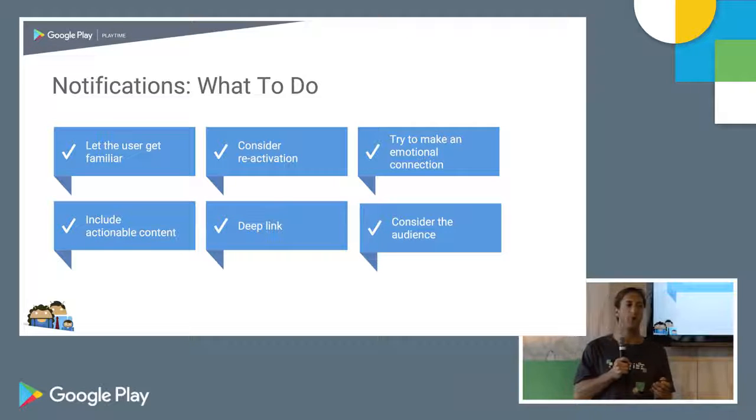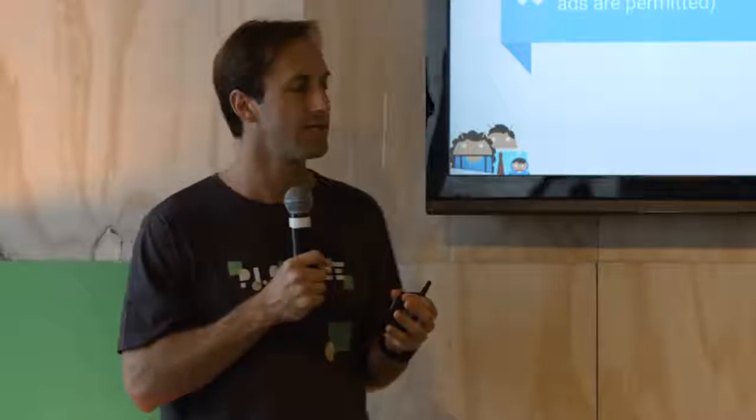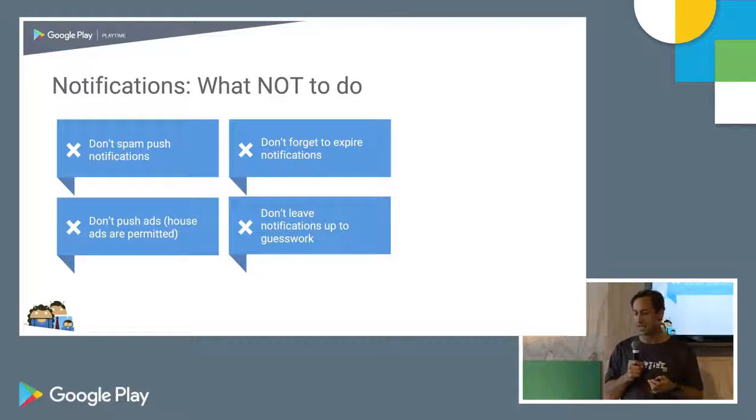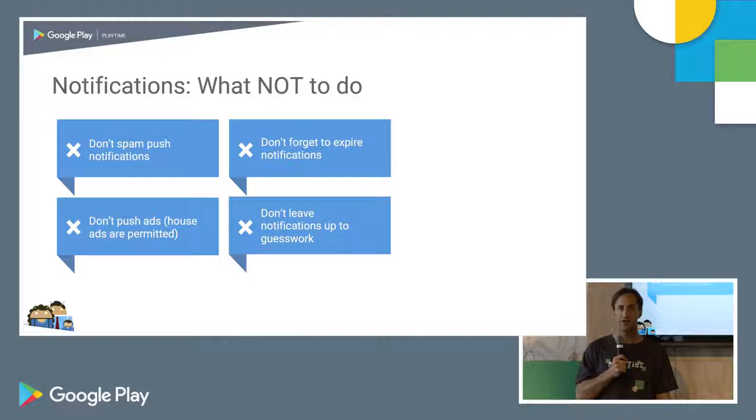This is especially important in the kids and family space. And then just 4 things that you want to avoid and not do with notifications are: don't push spam notifications, don't forget to expire notifications, don't push ads, though house ads are permitted, and don't leave notifications up to guesswork.